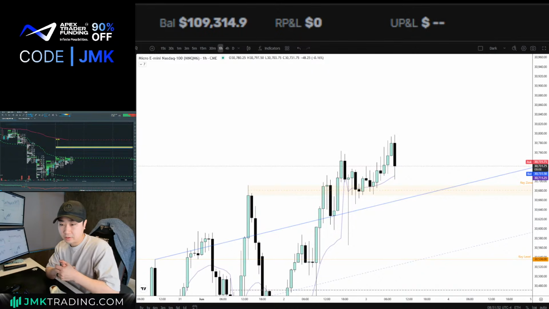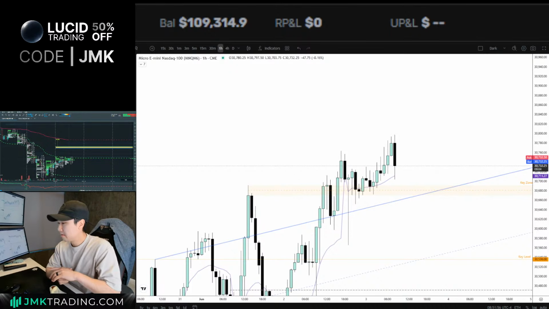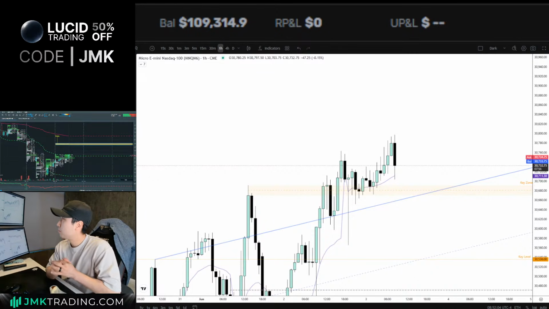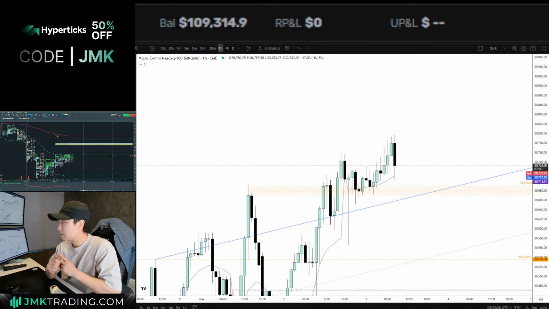How do I differentiate which trade for funded and which for eval? If I expect the market to be really choppy, or if the market has already proven that it's really choppy, I'll switch to evals. But my edge is the sharpest on market open, market open to like 11 a.m. Eastern.